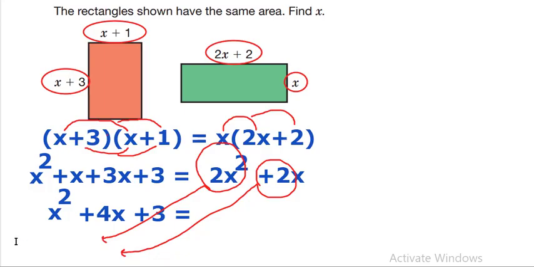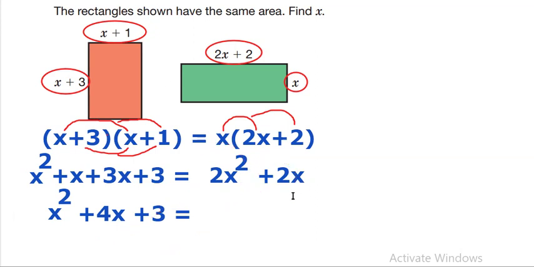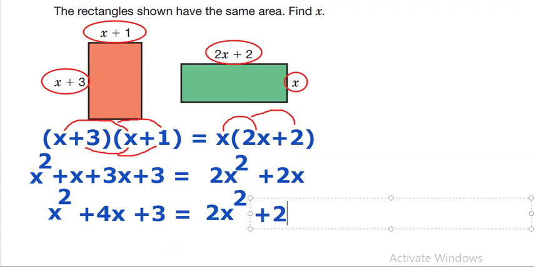So I'll end up with what? Let me do it here so we don't get confused. First, let me write what we end up with: 2x to the power of 2 and plus 2x.